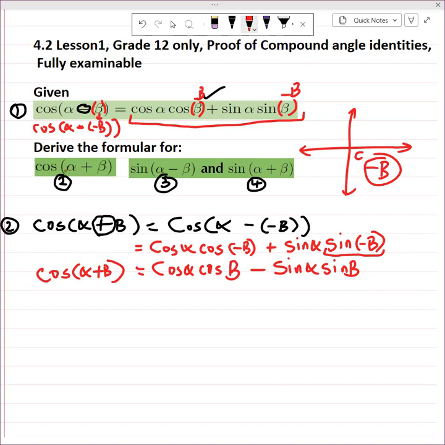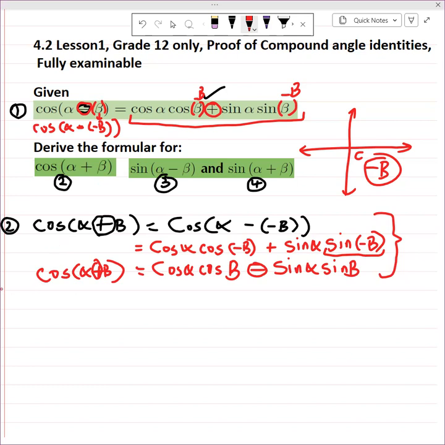The compound angle identity for cos alpha plus beta is cos alpha cos beta minus sine alpha sine beta. Let's check the differences between identity 1 and 2. If we have a minus in identity 1, in the middle you're just going to have a plus: cos, sine, sine. If it's a plus here, in the middle you're going to have a minus. That's the difference. But this proof, you need to know how to do it. It's entirely examinable.